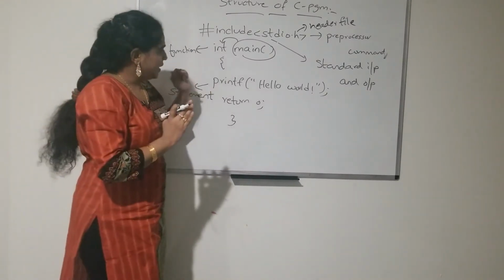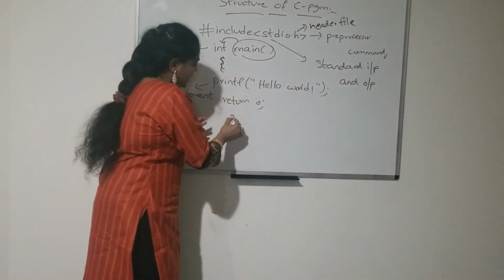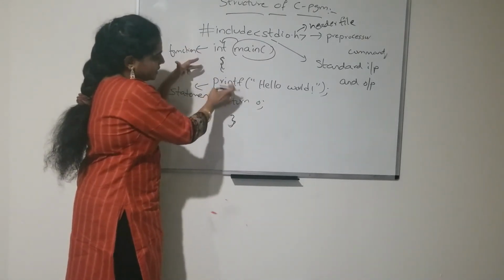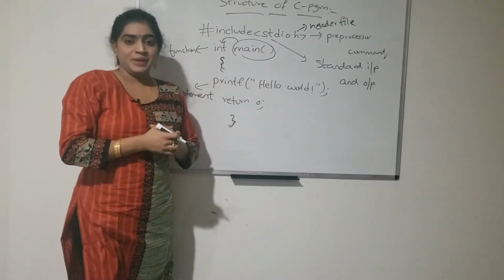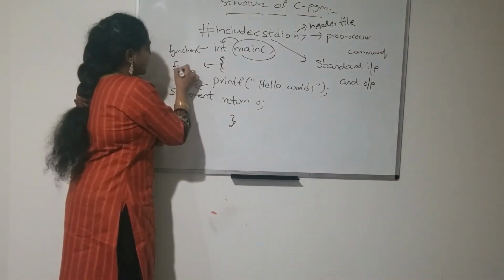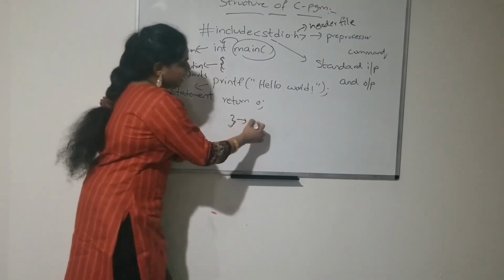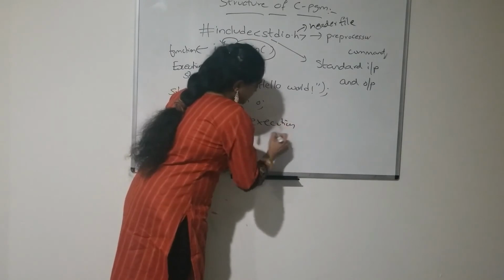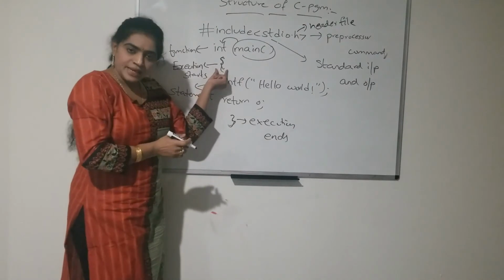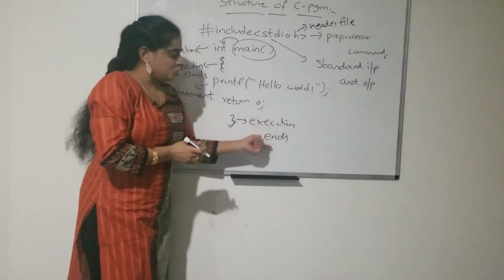See here, the block of this is curly braces. Whatever statements you write in these curly braces are said to be a block of statements. The opening curly brace says program execution starts, and the closing curly brace says program execution ends.